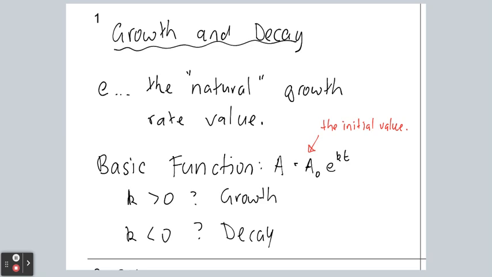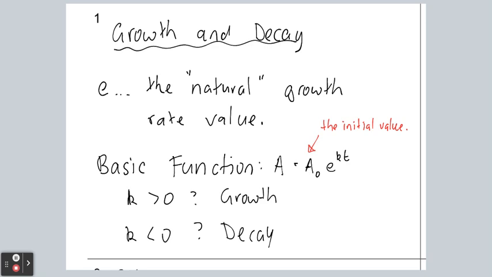So you can see that would be a fraction, and therefore it's decaying, getting smaller and smaller. Whereas if k was positive, then it's going to be roughly 2.7 to the power of a positive number. It's going to get bigger and bigger and bigger. So growth if k is positive, and decay if k is negative.